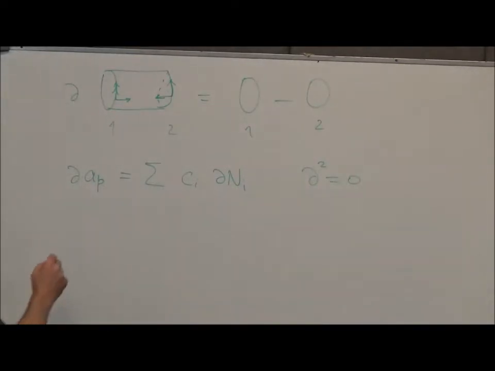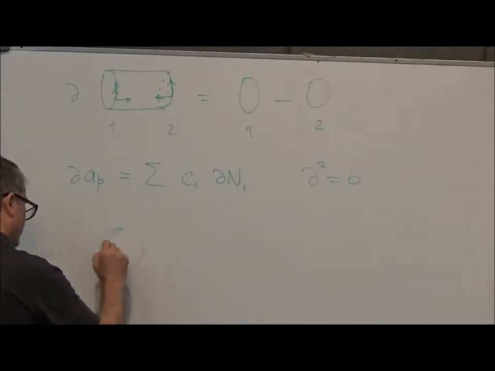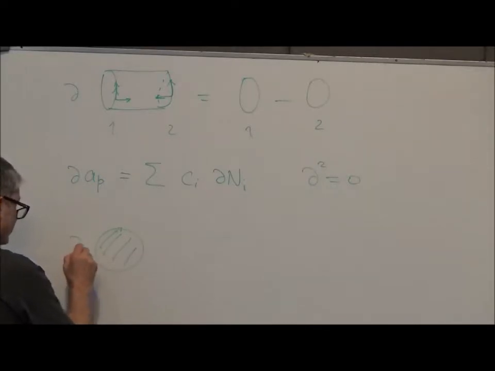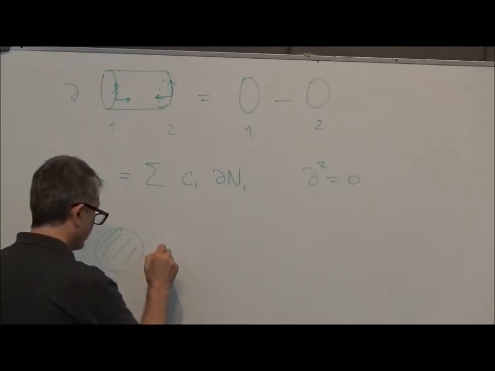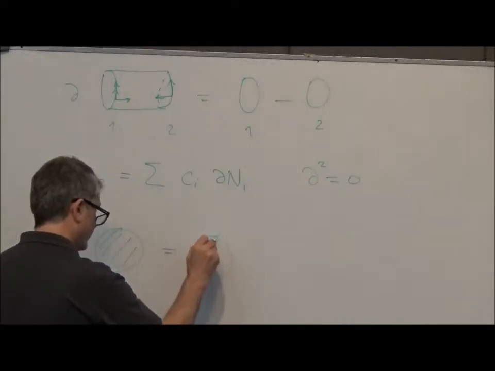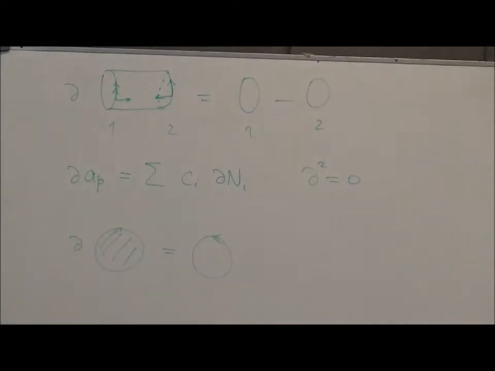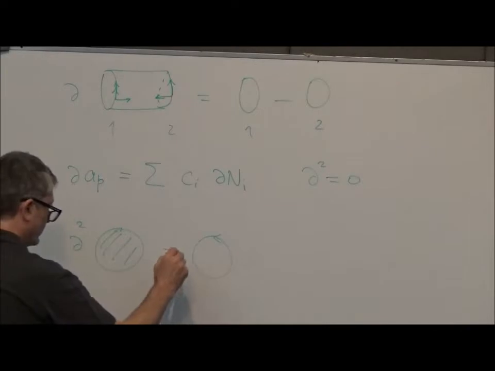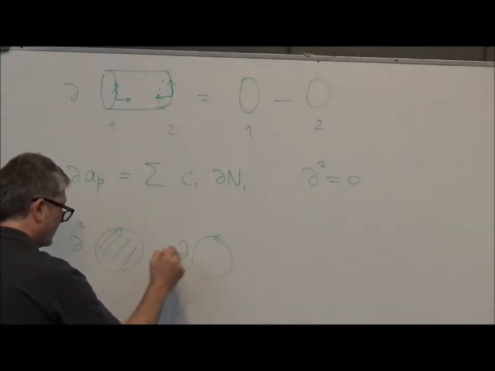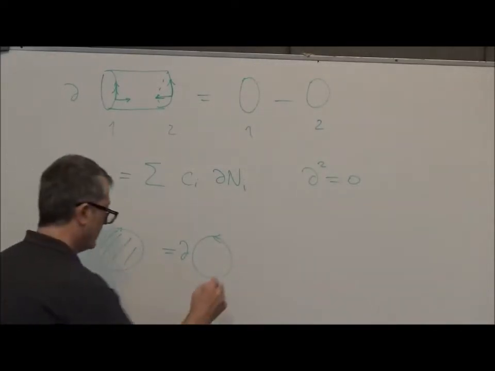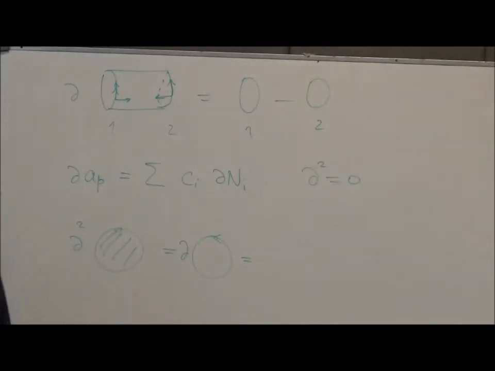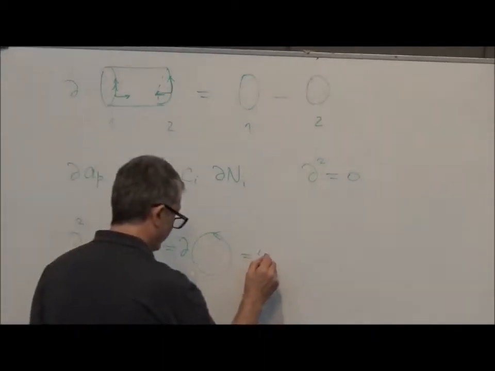So, for example, if you take a disk and I ask you what is the boundary of the disk, you would all say that's easy, that's just the circle oriented that way. If I ask you what's d squared of the disk, the first d gives me this, the second d is still to be applied, and the boundary of the circle is 0, so there's nothing there.